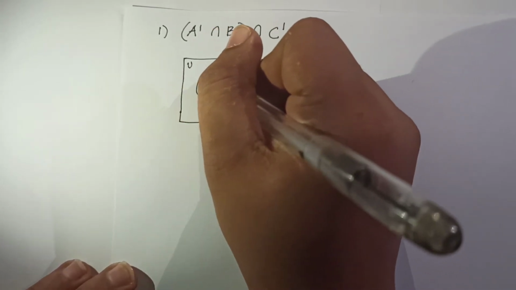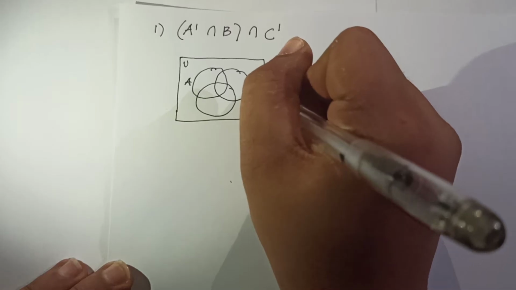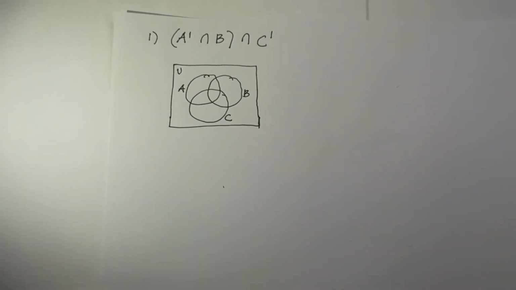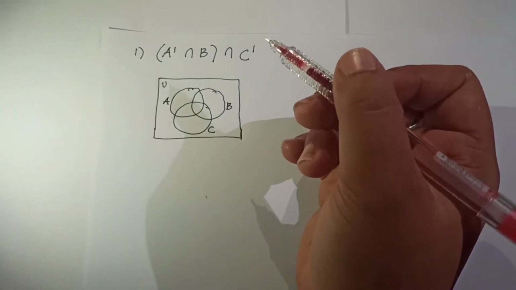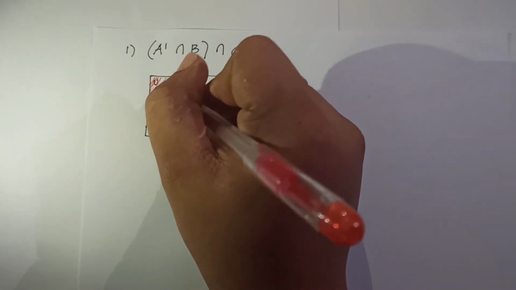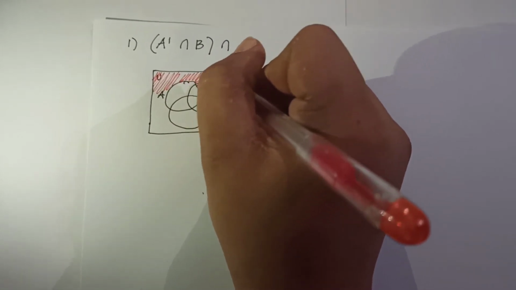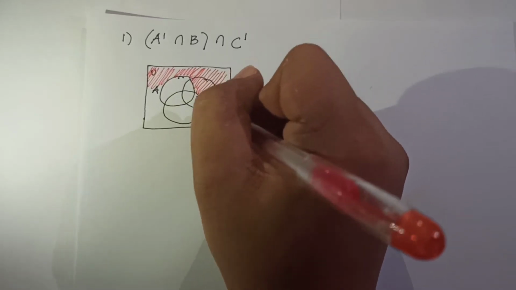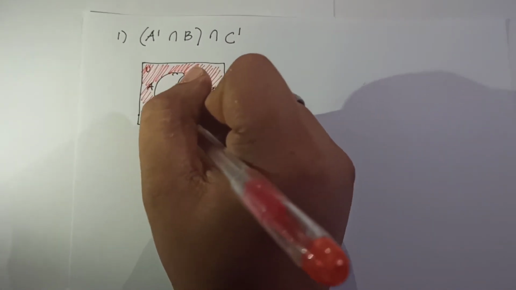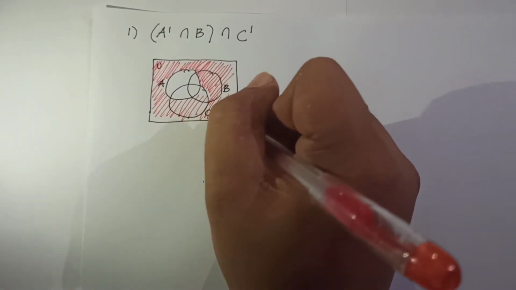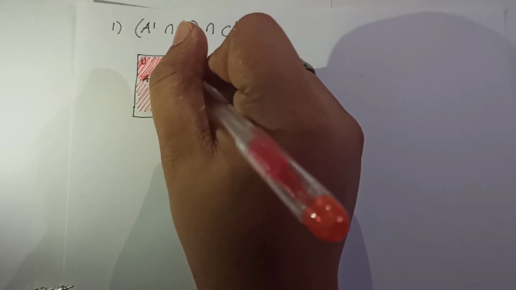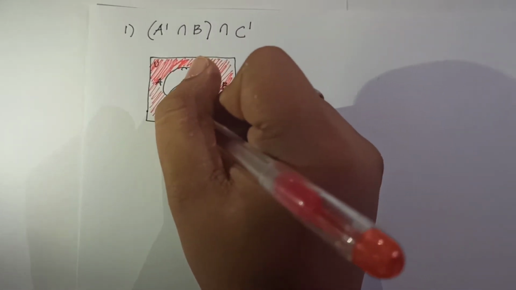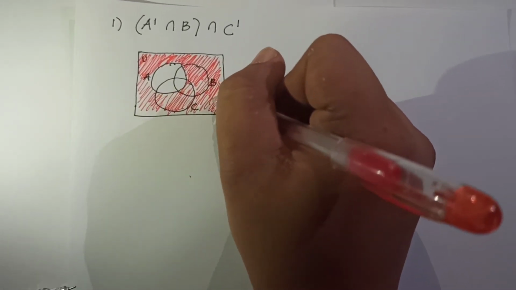This is our A, this is our B, and this is our C. So we are going to have A prime, meaning the shaded part does not include A. We will not shade only A. Only part of A is not being shaded. So this is what we call our A prime.